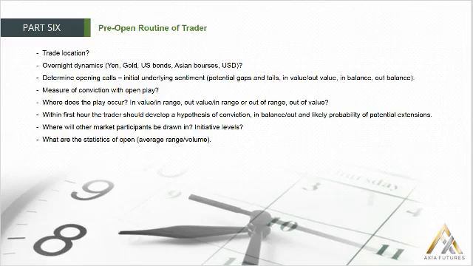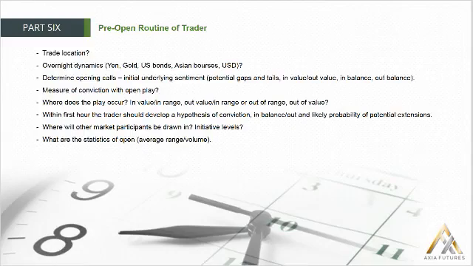And all these sorts of questions are going to be feeding us objective information about what the market may potentially do. Now note, within the first hour of trade, you should develop a hypothesis based on the conviction being shown by the market at that point. Remember, conviction is not your conviction; it's the factual conviction that the market is showing us.